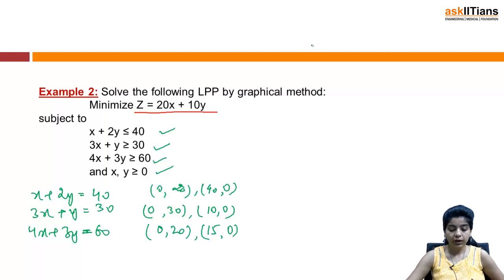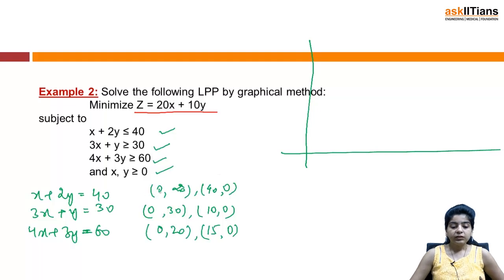We are going to draw the graph. Just join these 2 points: 0, 20 and 40, 0. Suppose this is my 40, 0 and this is my 0, 20.